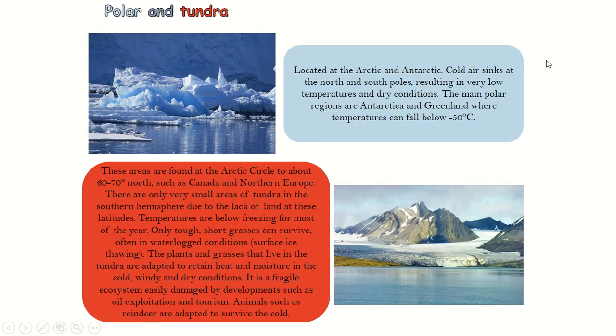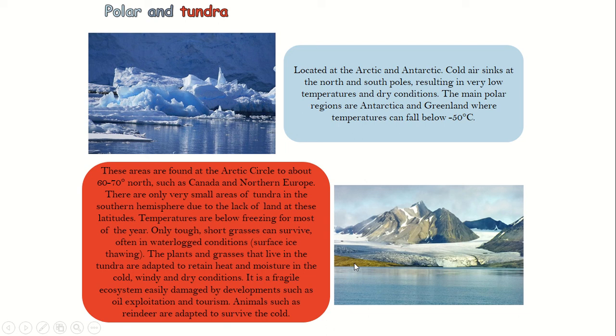The next two biomes, and hopefully you will have heard of definitely the polar one, are our polar and tundra biomes. Now, the polar biome, think of the Arctic and Antarctic. It's super low temperature, it's very dry, it's places like Antarctica and Greenland. The tundra is slightly different. If you look down here, it's still very cold, but there are little bits of green appearing now.